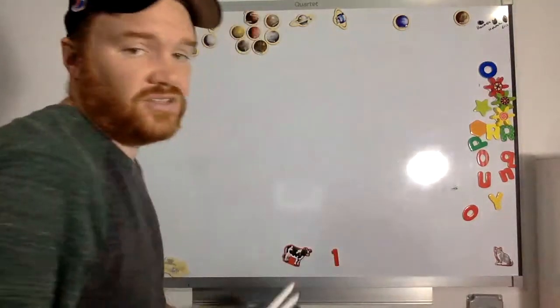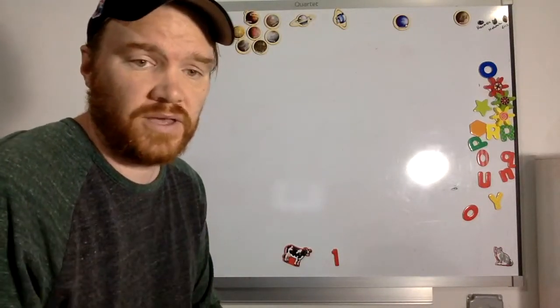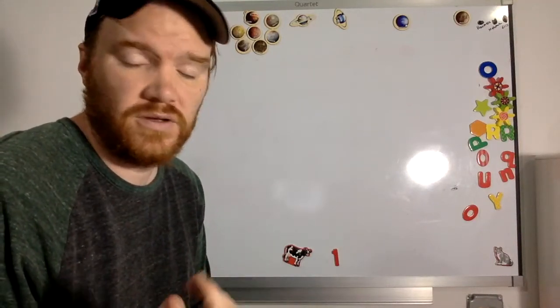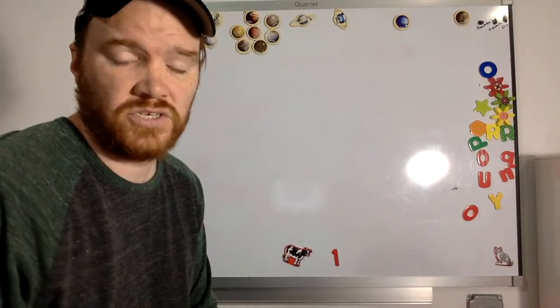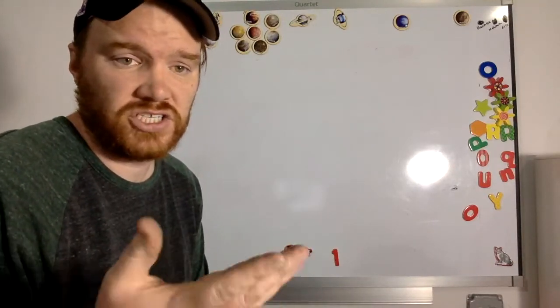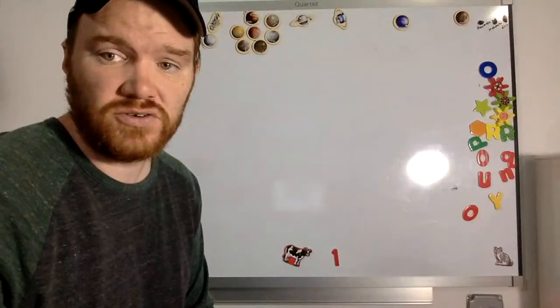I think doing a picture and then emailing me the picture is a lot easier. You guys know how to screenshot on your phone. You guys should know how to screenshot on your Chromebook. You guys should also know how to just take a picture using your Chromebook. I know you guys do that. I've seen you do it before in class.